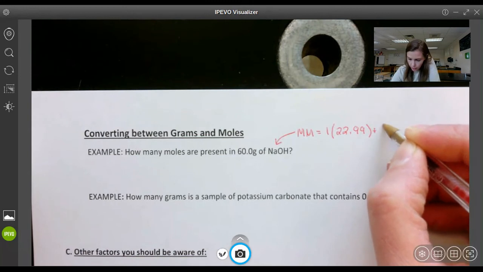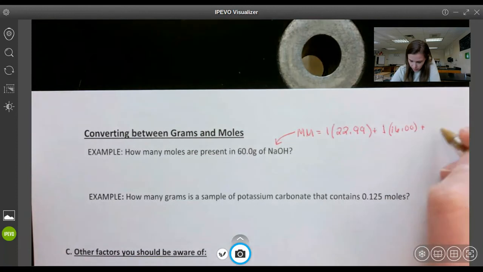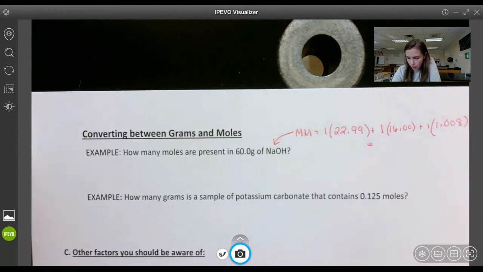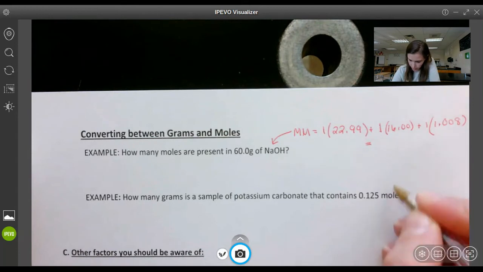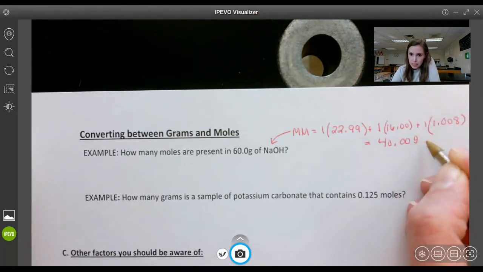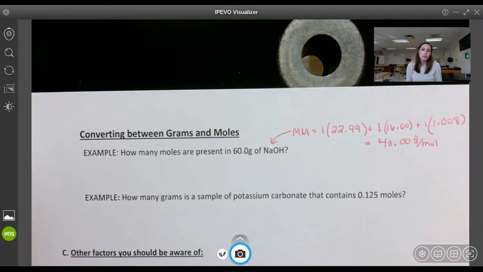And then I have 1 oxygen, which is 16.00, plus I have 1 hydrogen, which is 1.008. When you add those together, I go to the hundredth spot here, which would then give you 40.00. And this unit specifically would be in grams per 1 mole. So every 40 grams of sodium hydroxide that we have, that's equivalent to 1 mole of it.